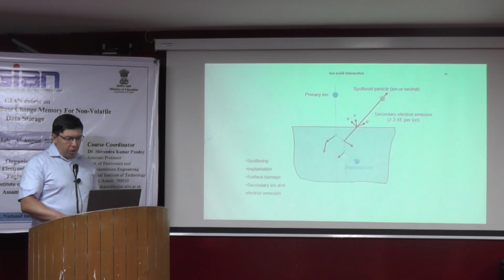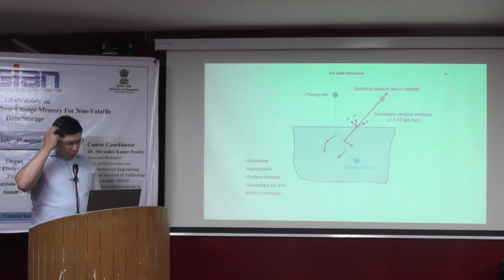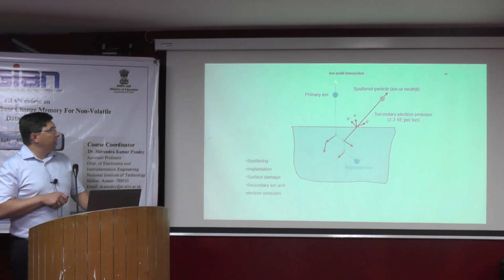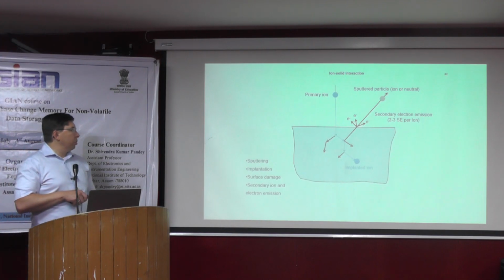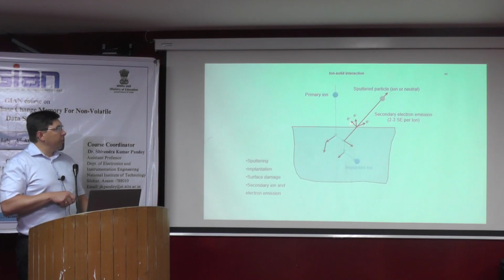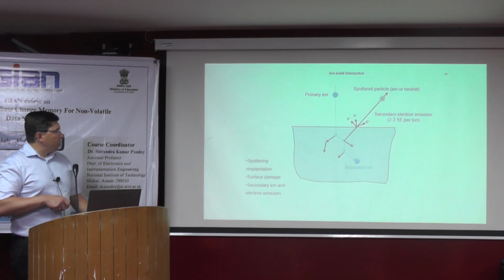Here we can consider some processes of ion-solid interaction. If we bring an ion onto the surface, we can get different events. We can have sputtered electrons, or particles like ions or neutrons. We also have some secondary electron emission.